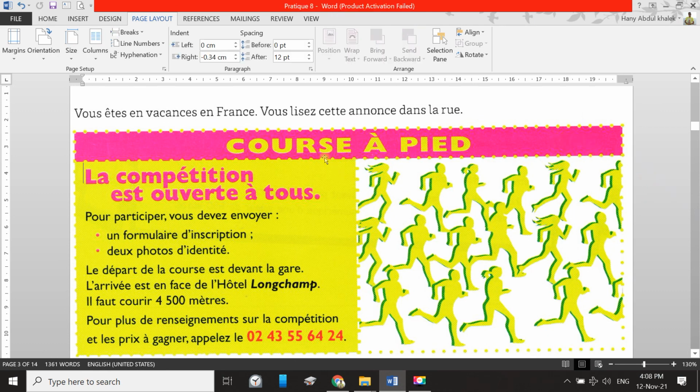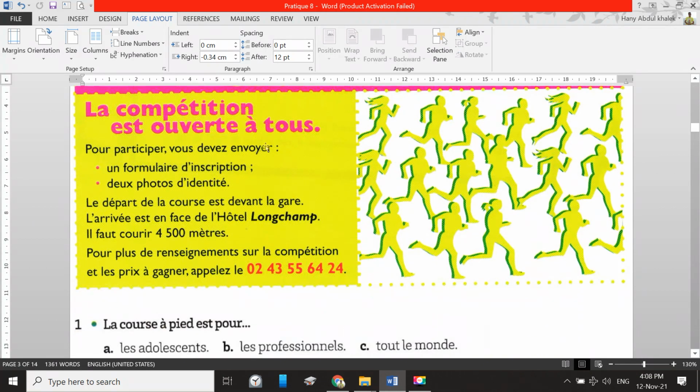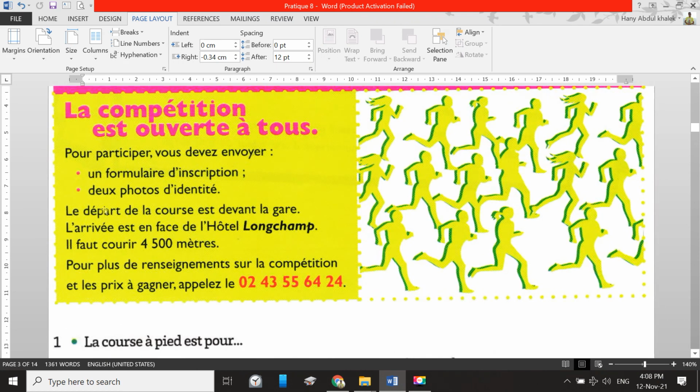Here, course à pied, course means like race or running. À pied means on foot or on feet. So here, this is a race. So here, la compétition est ouverte à tous. The competition is open for all or for everybody. Here we can say men and women. Donc, pour participer, vous devez envoyer. To participate, you should send un formulaire d'inscription.